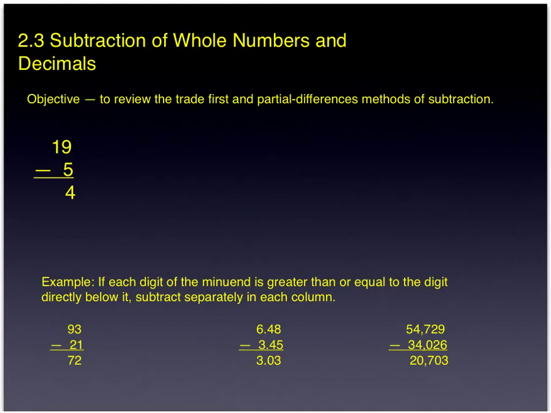So the 19 actually has a name, and its name is the minuend, okay, minuend. And the 5 has a name as well. It's the subtrahend.